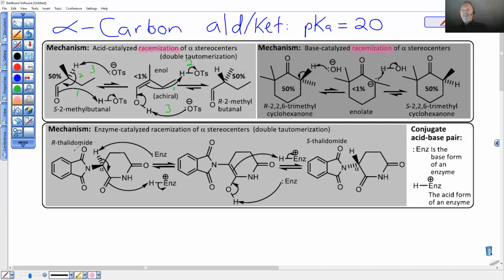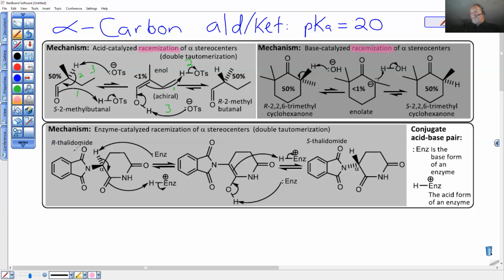Even after the whole disaster was over and it was no longer used as a medicine to give to pregnant women, and then learning that it was only one enantiomer that caused the birth defects, even after that, that was no consolation.